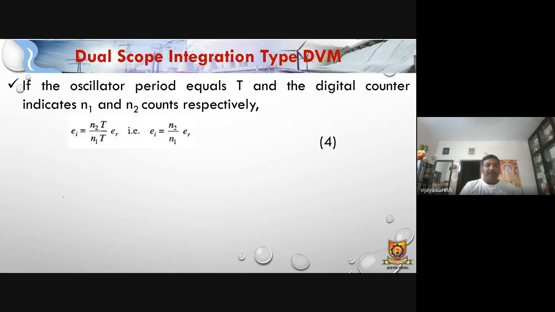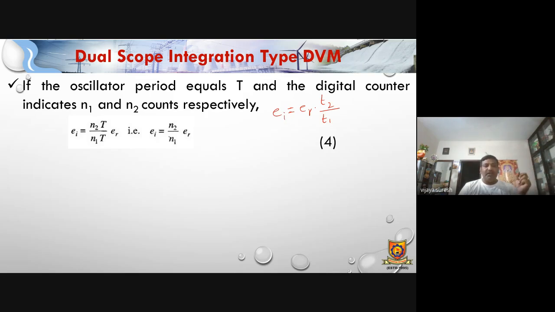Earlier we wrote that Ei equals Er into T2 divided by T1. Now we are making it in terms of the capital T, the oscillator period.